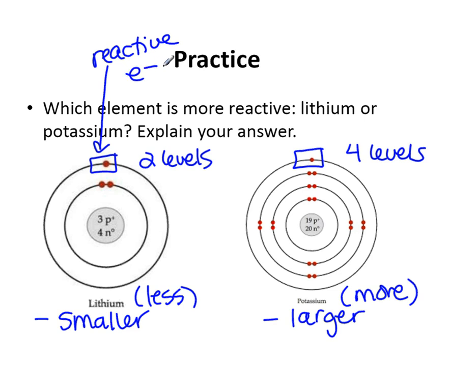So both can react and they both will. But what makes potassium more reactive is the fact that this electron is further away from the nucleus. So here's the nucleus and it's 4 levels away. When you compare it to lithium, it's only 2 levels away, so it's closer to the nucleus.